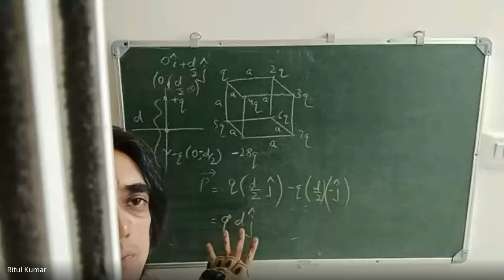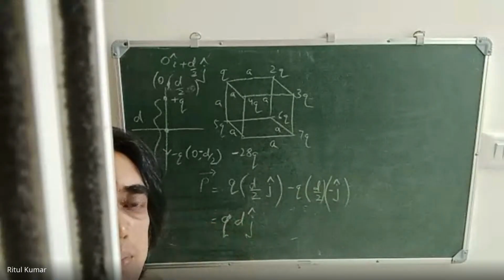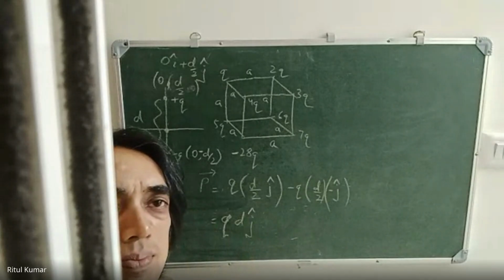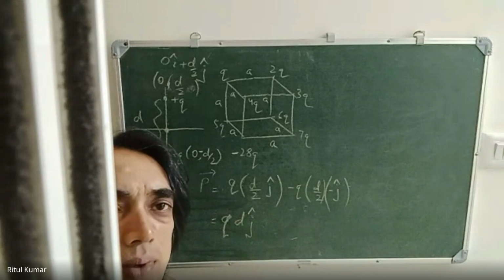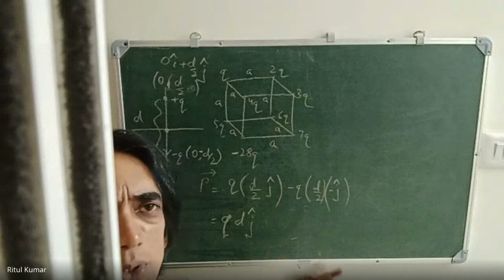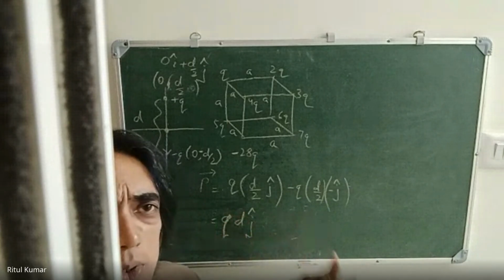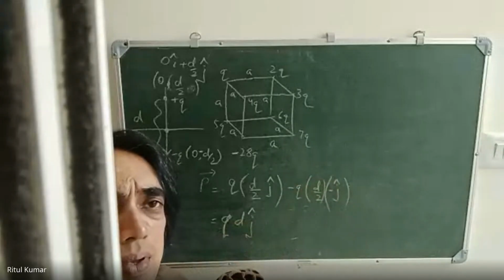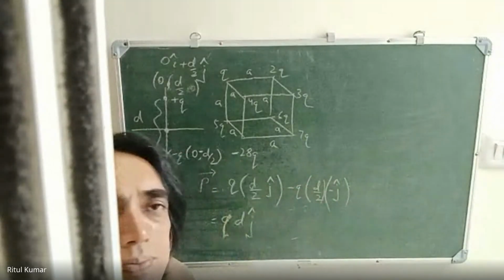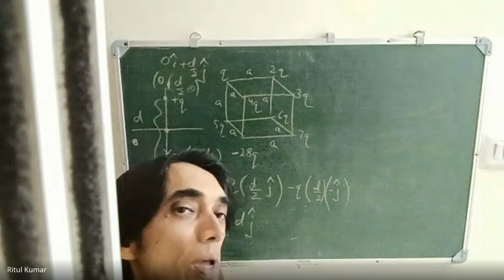I'll get the position vector for minus q from this reference, yes or no? Agree? I will take charge multiplied by position vector, and again charge multiplied by position vector. Can that get me a different answer from what you got here? No, sir. It will get you the same answer.